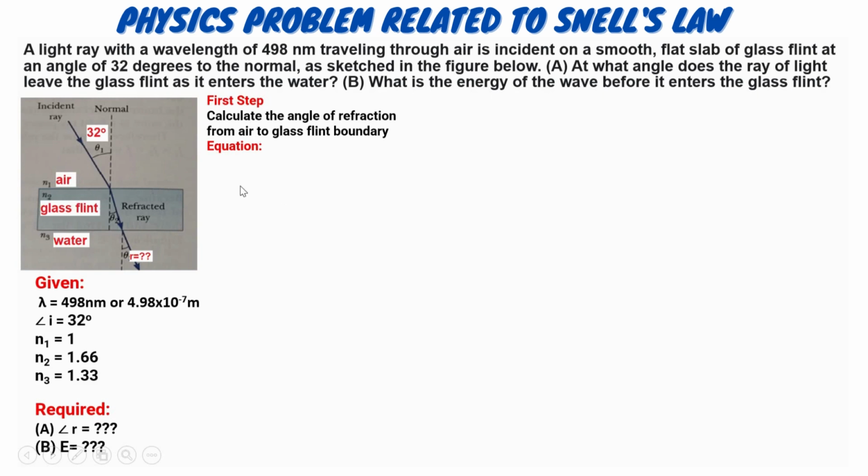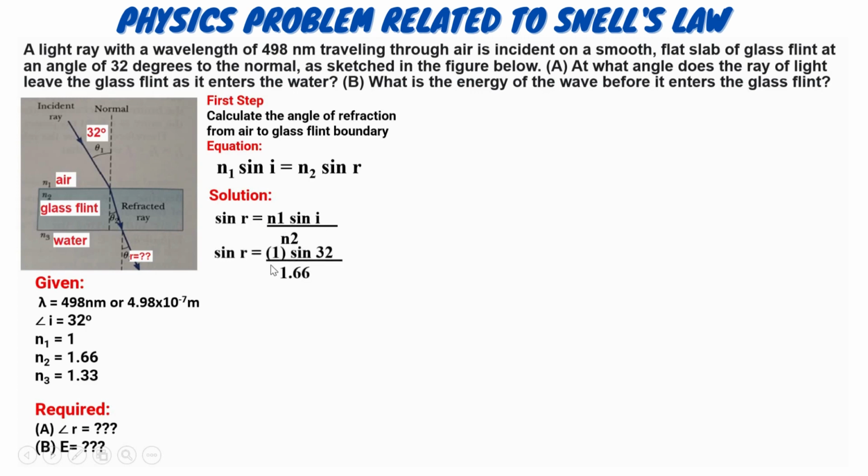We can make use of Snell's law, where N1 times sine I is equal to N2 times sine R. So, rearranging the equation, our final equation to solve for the angle of refraction is sine R is equal to N1 times sine I divided by N2.